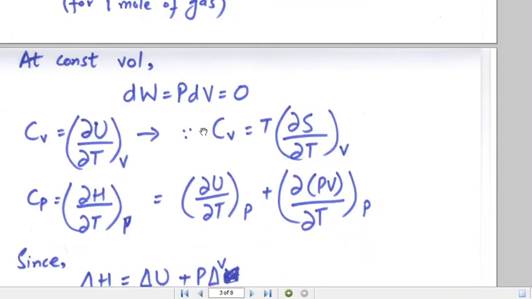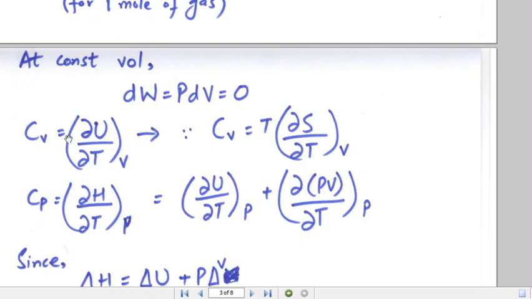In the case of constant volume, we notice that there is no work done on the system. So in that case, the specific heat at constant volume is defined as partial U by partial T at constant V. Using the first law, dq is equal to dU plus dW, and dW is equal to 0, so dq should be equal to dU.